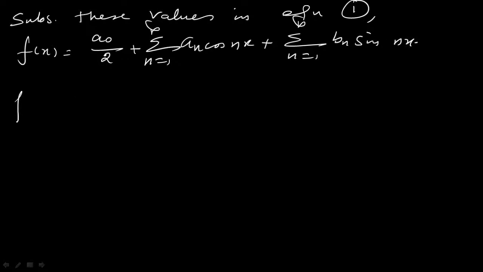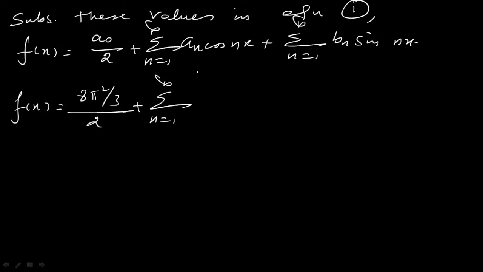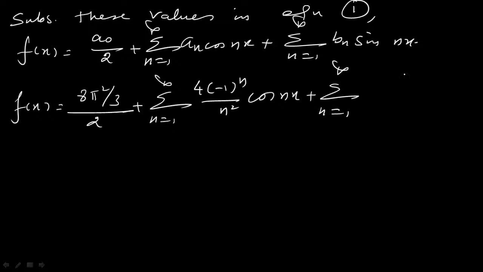So the value of a0 you calculated as 8 pi square divided by 3 whole divided by 2 plus sigma n varies from 1 to infinity an. An value we calculated as 4 times minus 1 whole power n divided by n square cos nx plus sigma n varies from 1 to infinity. Your bn value is 4 pi minus 1 whole power n divided by n sin nx.